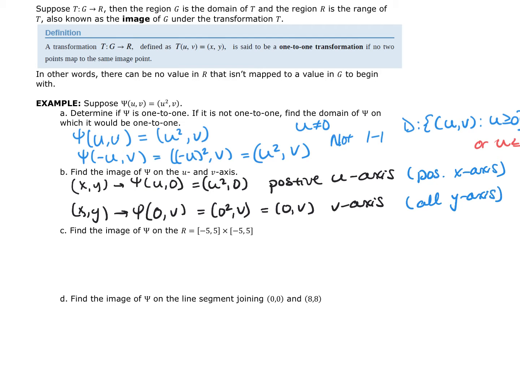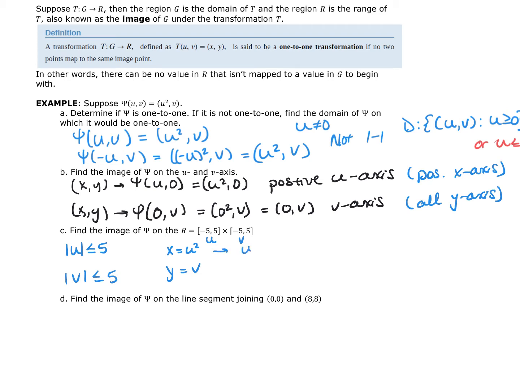Now I want to find the image of phi on the rectangular region from -5 to 5 and from -5 to 5. So this is my u and this is my v. Basically, the absolute value of u has to be less than or equal to 5, and similarly, the absolute value of v has to be less than or equal to 5. That is the same thing as going from -5 to 5 and -5 to 5. But we know that x is equal to u squared and y is equal to v.